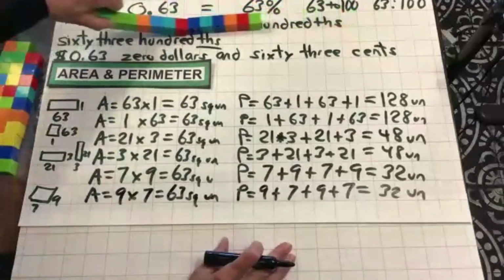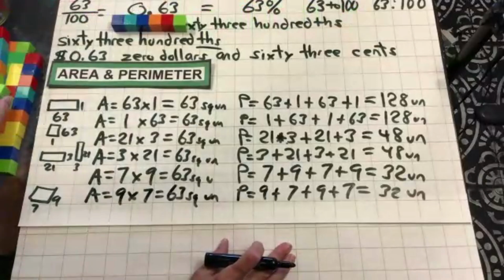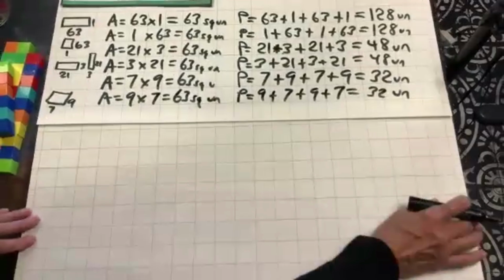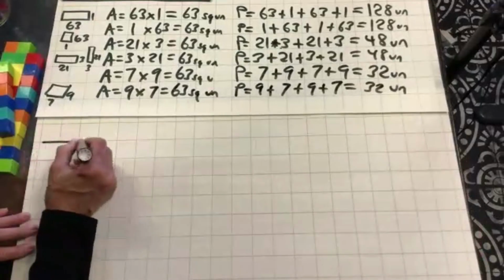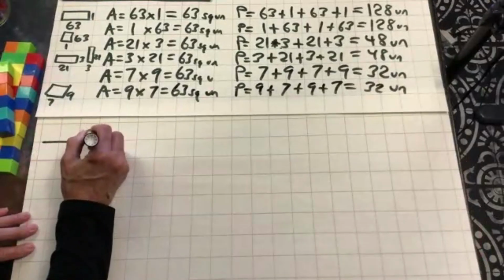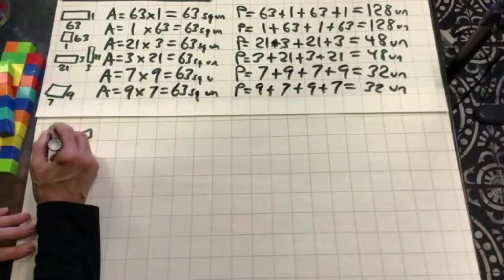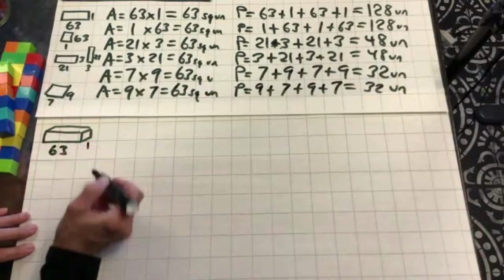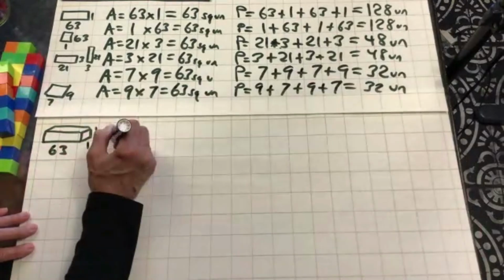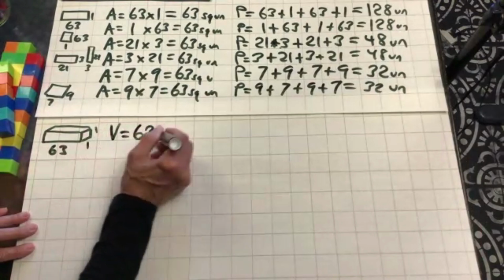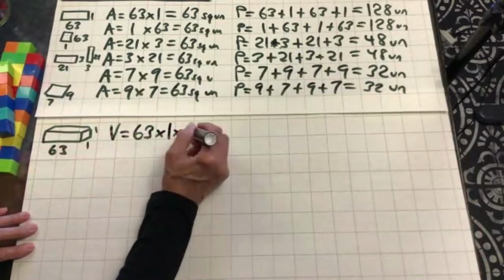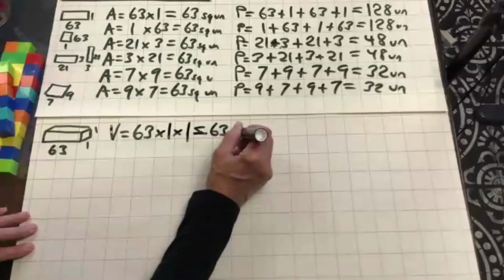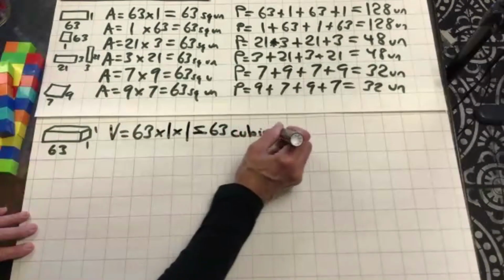All right, now let's go into our volume, which brings in cubes, and I'm just going to put those back up there. So our first one, I'm just drawing it out here, is 63 wide by 1 deep by 1 tall. So that volume is 63 times 1 times 1 equals 63 cubic units.